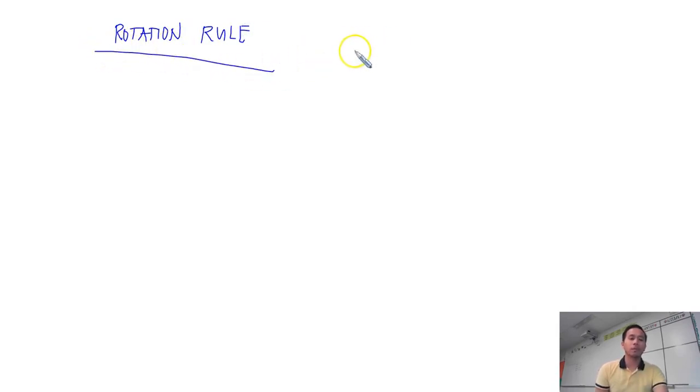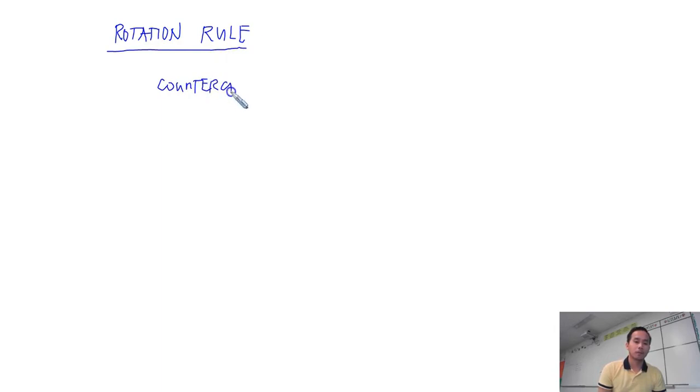So there are certain rules that we have to follow on rotation. I'm going to provide you the rules. The following are the rules for our rotation. A rotation can be counterclockwise, and of course clockwise.